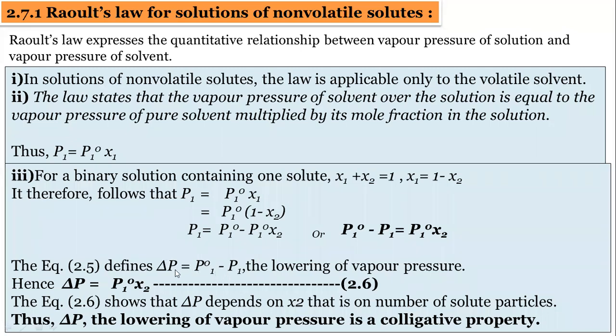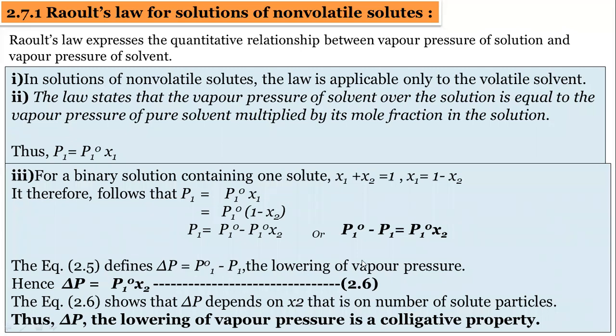This is the lowering of vapor pressure. See, delta P, the lowering of vapor pressure, is equal to P01, the vapor pressure of the pure solvent, minus P1, the vapor pressure of the solution containing non-volatile solute. So this is delta P is equal to P01 minus P1.